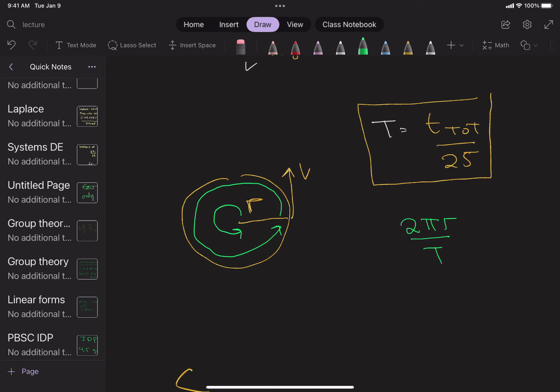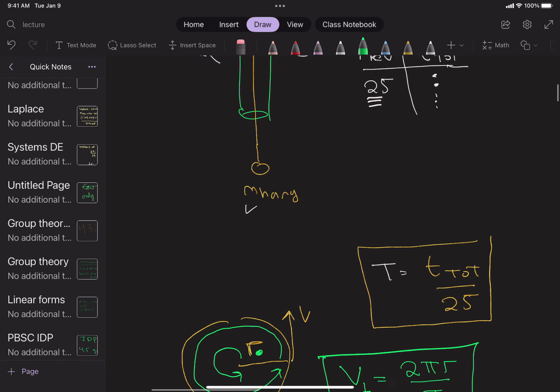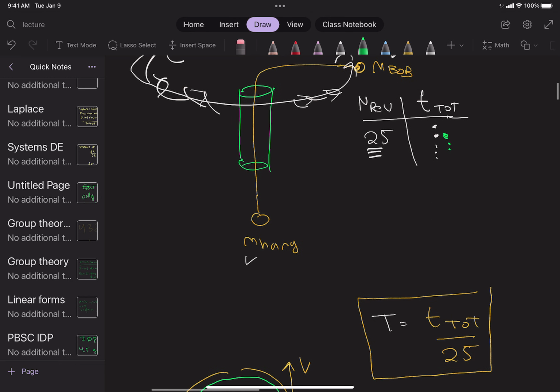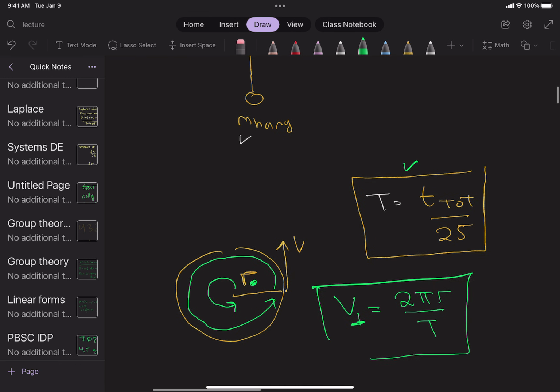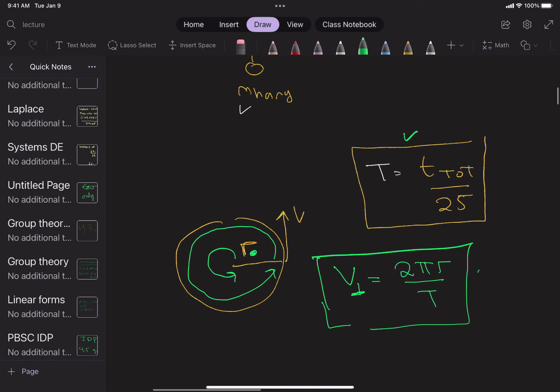So the velocity of the bob that moves around a circle, v perpendicular, is going to be defined by this equation. So all you need to do is measure the radius of the circle, and up here the data that you got for the time to go around the circle 25 times. You'll use that to calculate the period, and once you've gotten the period, then you can calculate the velocity for the bob to move around a circle.